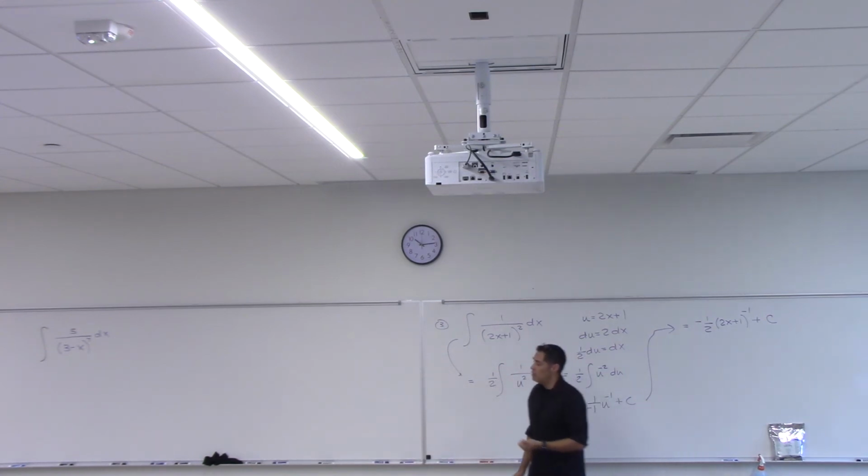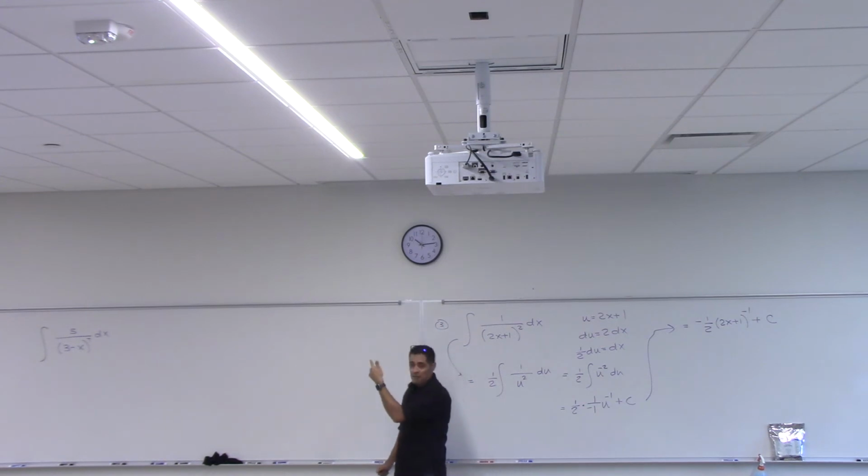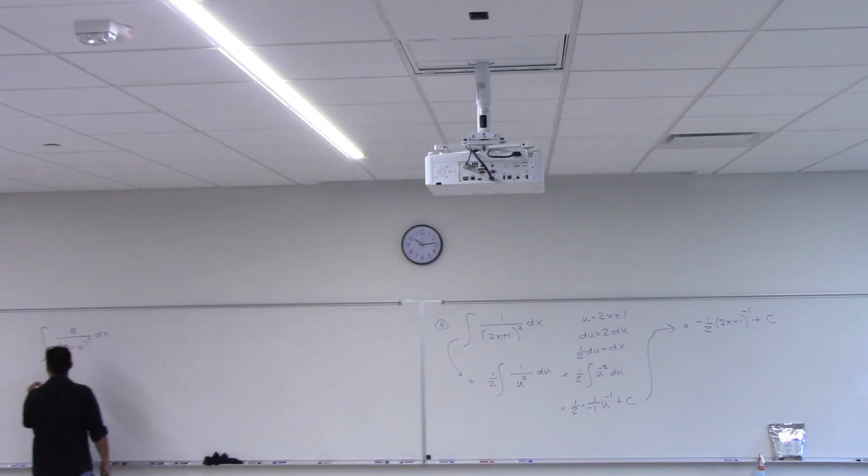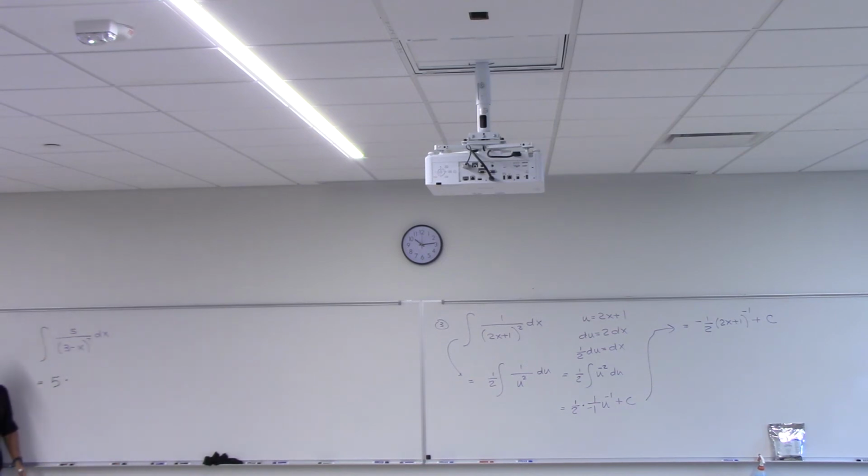Okay, so first thing I'm going to do is see that 5 up top? I'm just going to bring it out. I'm going straight to my answer right now. 5 times, okay. I'm going to need to scale by what to take care of when I do the derivative of this? I need a negative 1, right, to scale it?